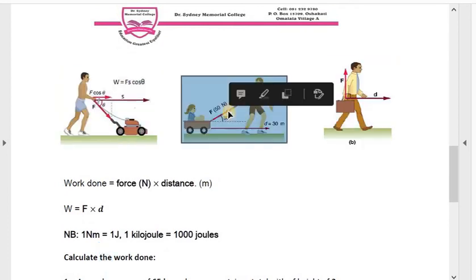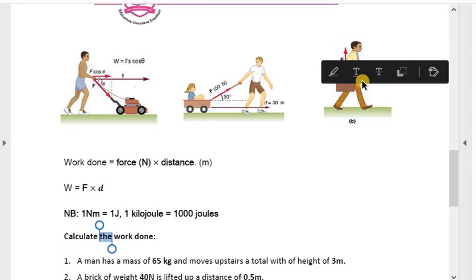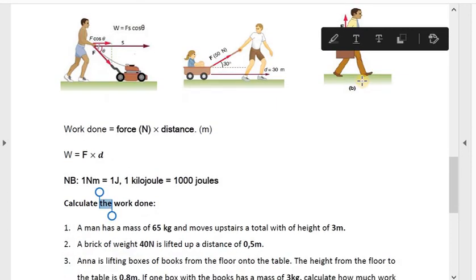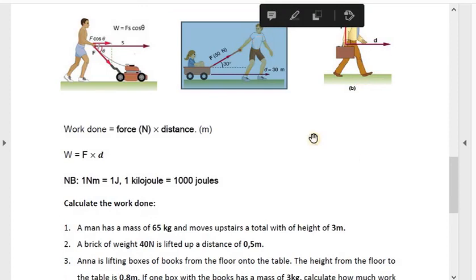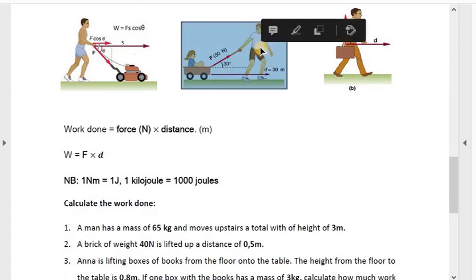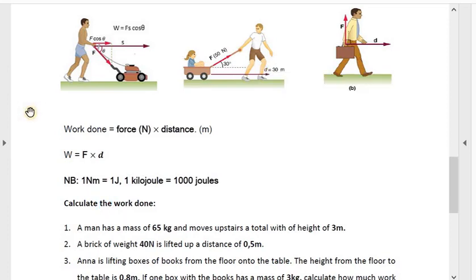Please observe in these diagrams the direction or the angle. At this stage, don't worry about the 30-degree angle. Just have the individual pulling, like here, the boy is pulling with a force of 50 newtons and a distance of 30 meters is moved. So you can actually calculate the amount of work that was done in this case, right?